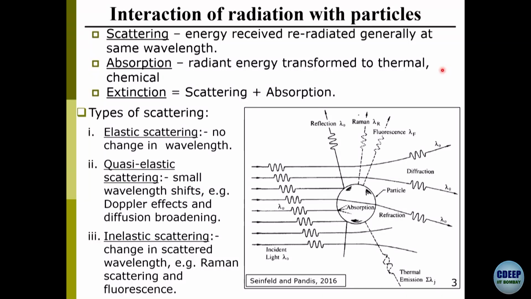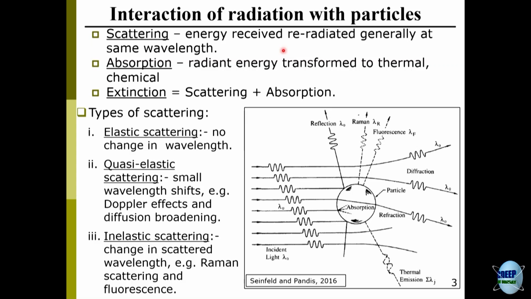So when particles interfere with or interact with radiation, we can really think about it in two forms, one called scattering and the other called absorption. And in this ideal idea of elastic scattering, we're saying that energy is received by the particle, it's re-radiated in all directions, and we will talk about the mathematical framework of understanding it, but it's re-radiated in all directions around it.